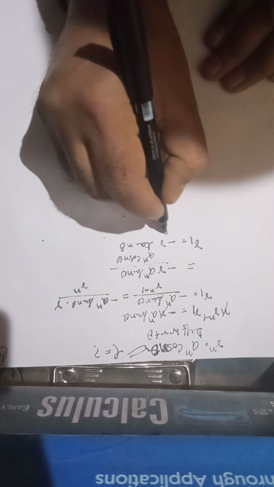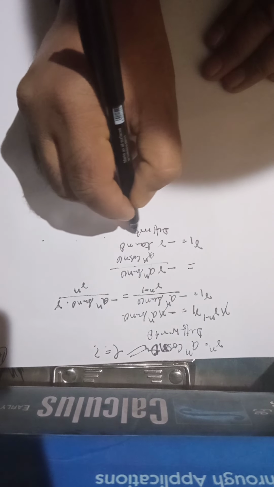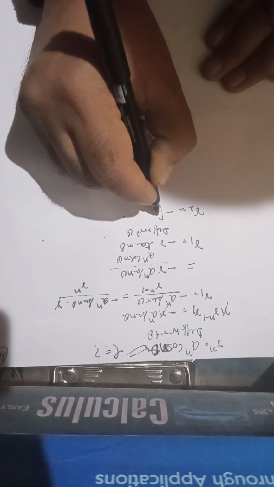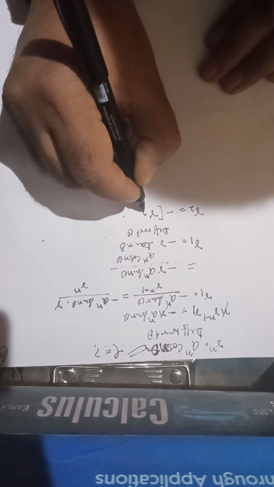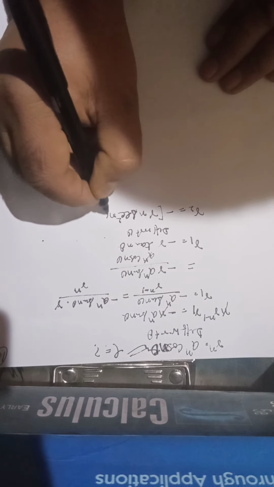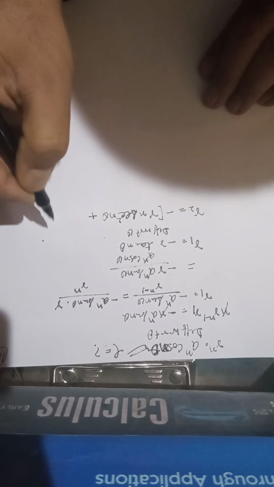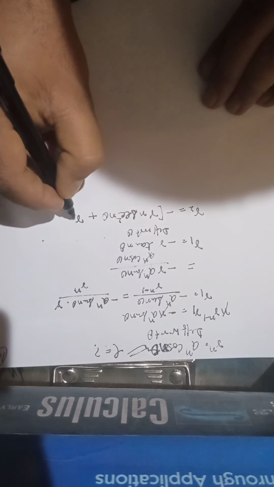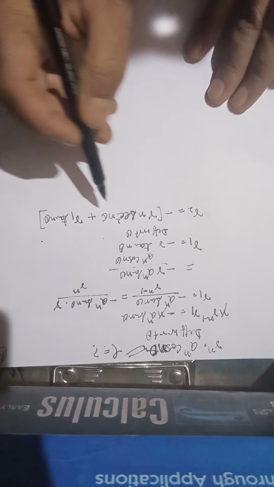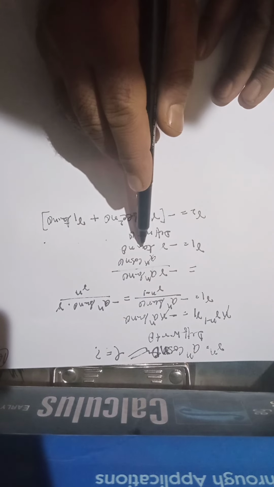Now let me find r2. Differentiate with respect to theta. r2 is minus r, as it is tan, means n sec square n theta, then r means r1 tan n theta. Now your r1 is minus r tan n theta.